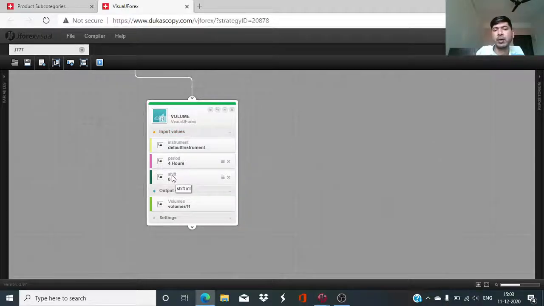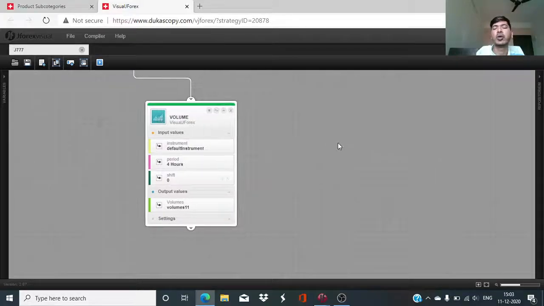Shift is the loopback rate, whether you want to retrieve the prior period's data or if you want to work with the current data, you can simply define this parameter accordingly, and then you can do the comparison.